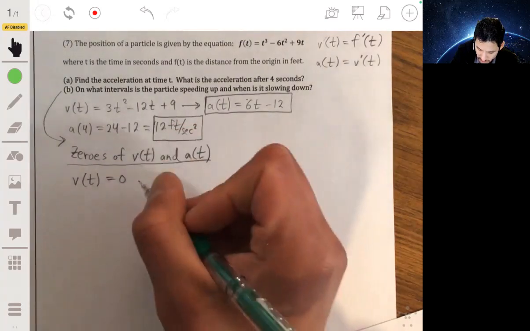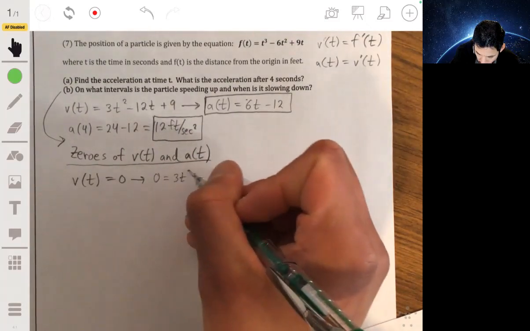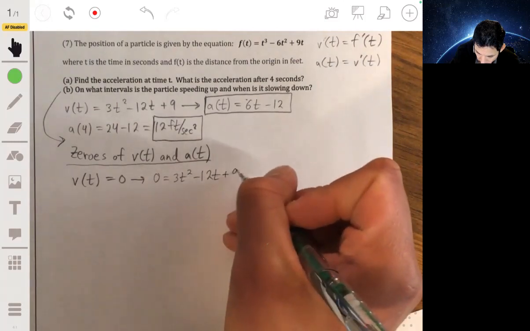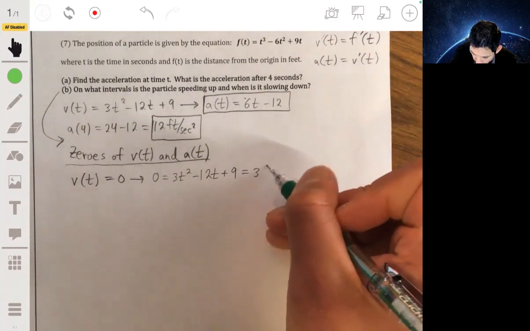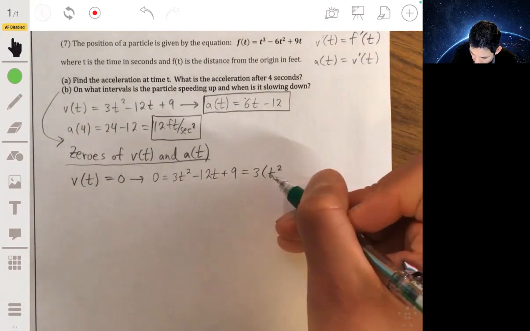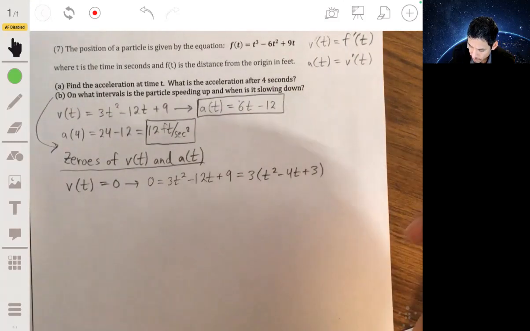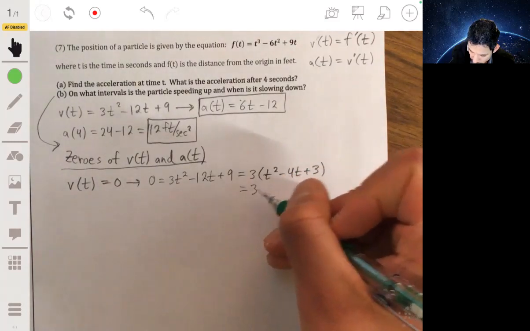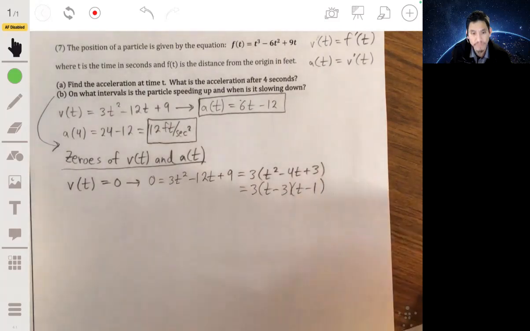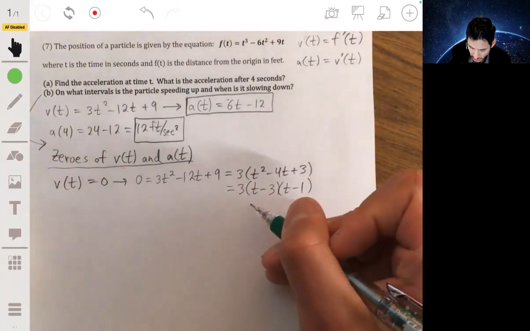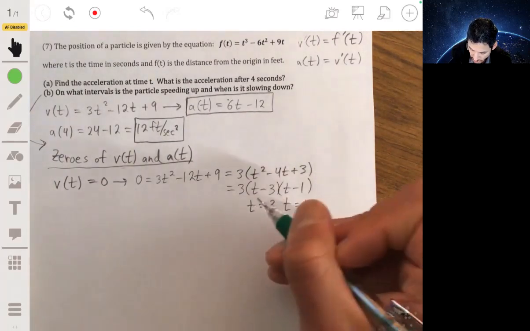If we set this equal to 0, we can factor out a 3, and we get t squared minus 4t plus 3. And furthermore, we can make this 3 times t minus 3 times t minus 1. So the zeros here are going to be at t equals 3 and t equals 1.